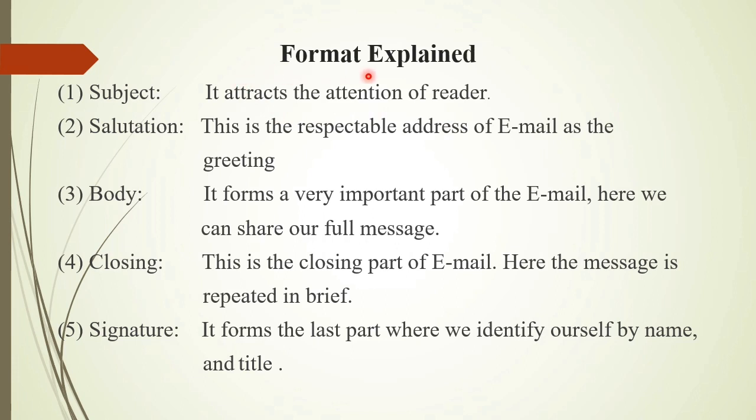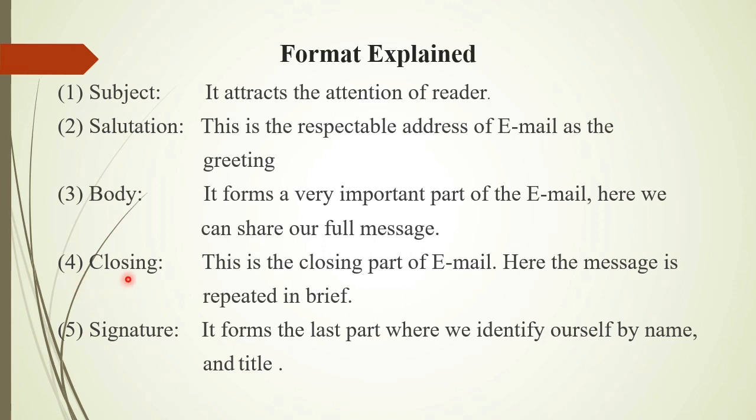Now, the format is being explained over here. Number one, we have the subject. The subject attracts the attention of the reader. Salutation is the respectable address of the email as the greeting. Body forms a very important part of the email. Here we can share our full message. Whatever we have to write in the message, we can share over here in the third part, and this is the body.